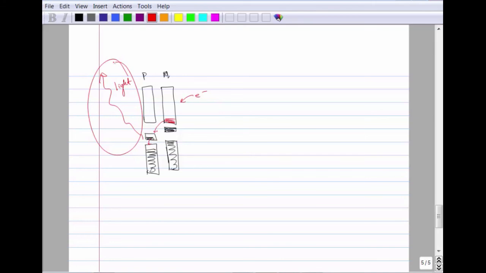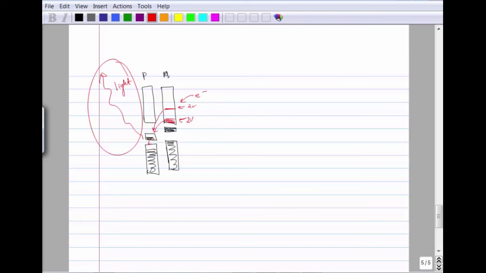And what you can do is you can actually tune the color, no matter what the band gap is. You can tune the color by adding voltages. So, let's say I was doing a voltage of 1 volt. 1 volt will give me electrons at this energy level that will fall down. But you can do maybe 2 volts, and then 2 electron volts here will give you a different wavelength.